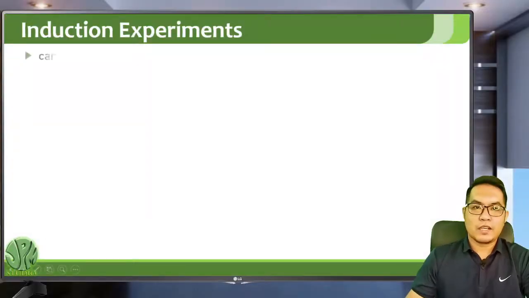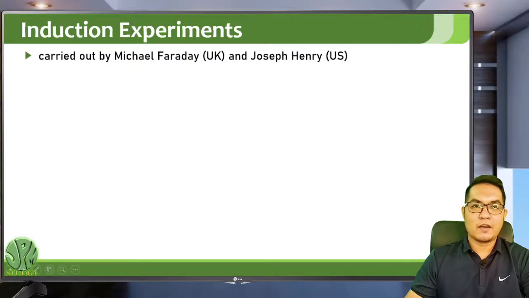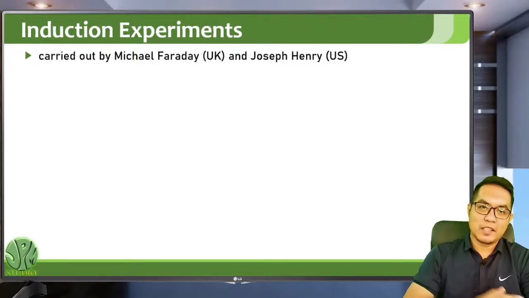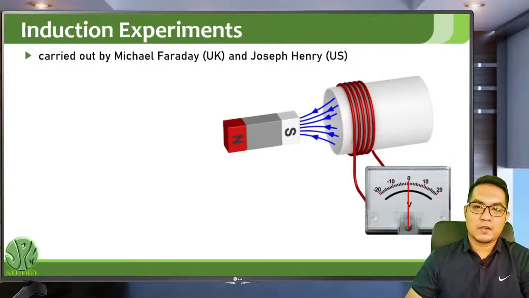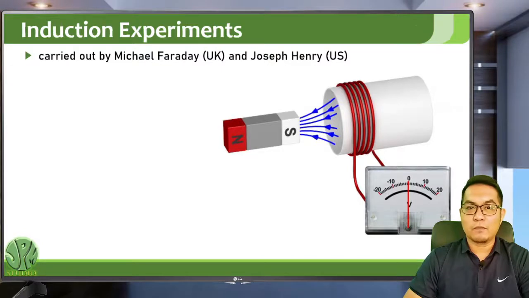In the 1800s, electromagnetic induction experiments were carried out by Michael Faraday in the UK and Joseph Henry in the US separately. What they did is they had a magnet and a solenoid, or a coil of conducting wire, connected to a voltmeter.